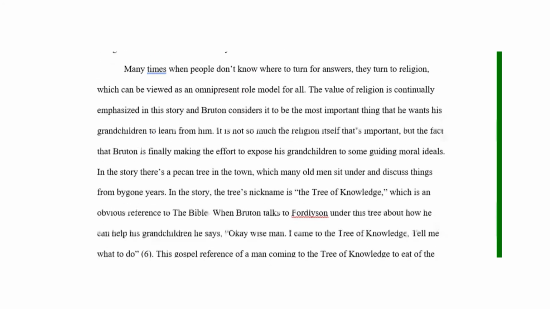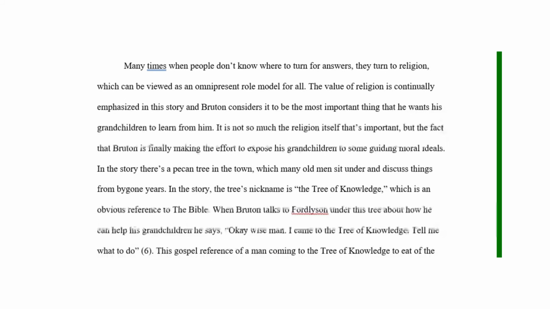So I want you to look at this next body paragraph, the topic sentence. "Many times when people don't know where to turn for answers, they turn to religion, which can be viewed as an omnipresent role model for all." So once again, we're tying back to the thesis by mentioning role model, and we know that the focus of this particular body paragraph is going to be on religion and how that provides a role model of sorts for this character.